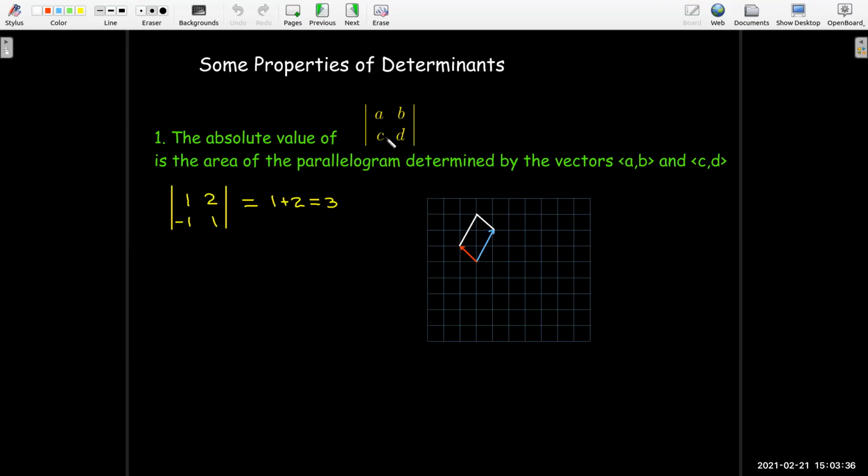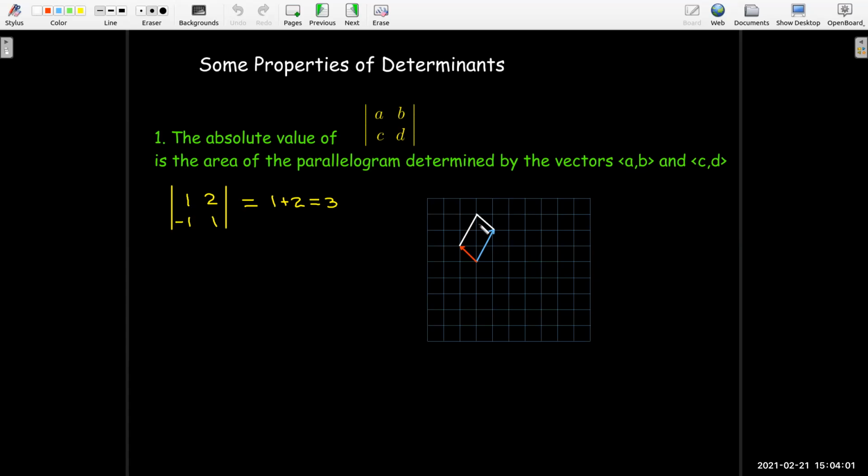And so as an example, if I look at 1, 2, negative 1, 1, my blue vector has components 1, 2. My red vector has components negative 1, 1. The determinant here is 1 minus a negative 2, which will make 1 plus 2, which equals 3.